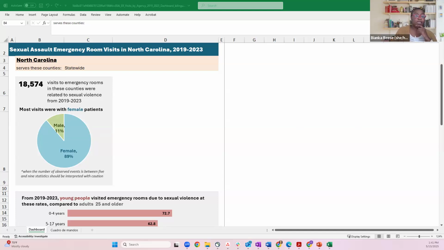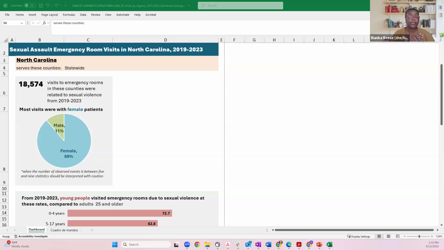So the dashboard creates your information for your service area in 4 different data points. And the first data point is the total number of emergency department visits for sexual violence, keeping in mind that definition I described about where they're getting visits about sexual violence from the diagnostic codes, from the written triage notes and things like that. It's the count of the number of emergency department visits, right?